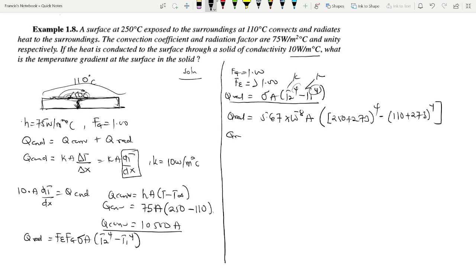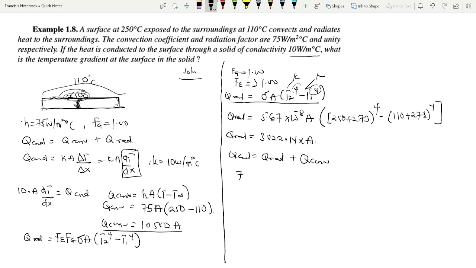Now we get our heat of radiation to be 5.67 multiplying 10 exponent minus 8 multiplying 250 plus 273 exponent 4 minus 110 plus 273 exponent 4. So we get 3022.14 times A.